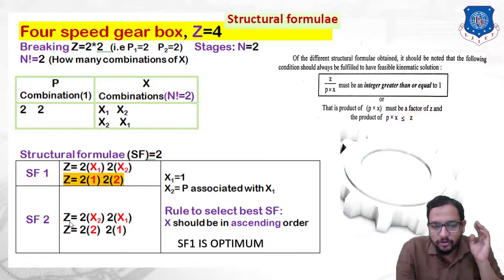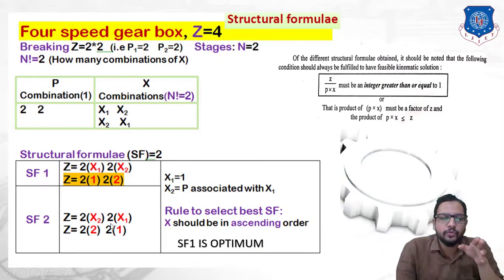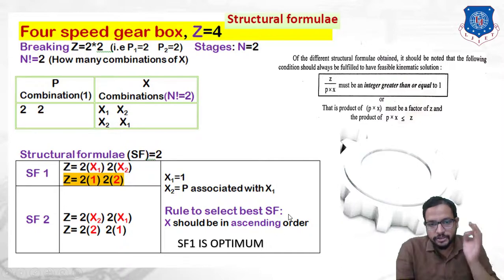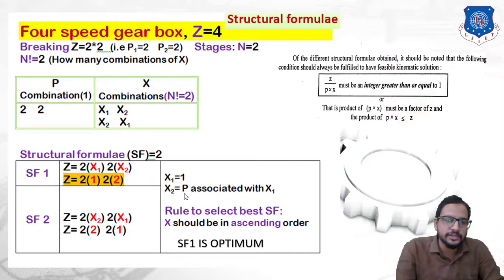Now we also always take x1 is equal to 1, so x2 will be equal to 2 again, and the equation becomes Z is equal to 2 bracket 2 into 2 bracket 1. The rule to select the best structural formula is that x should be in ascending order, which it follows in the first case. You can see the values of x1 and x2 are in increasing order: first is 1, second is 2.